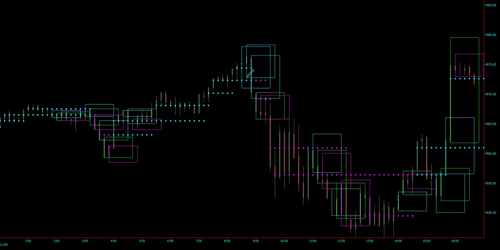So here this box came earlier, this box came, but the trend changed here. After the trend change, I have other boxes showing up here. So if I put a stop loss on the top right here and a limit sell here, I get another 10-point profit.